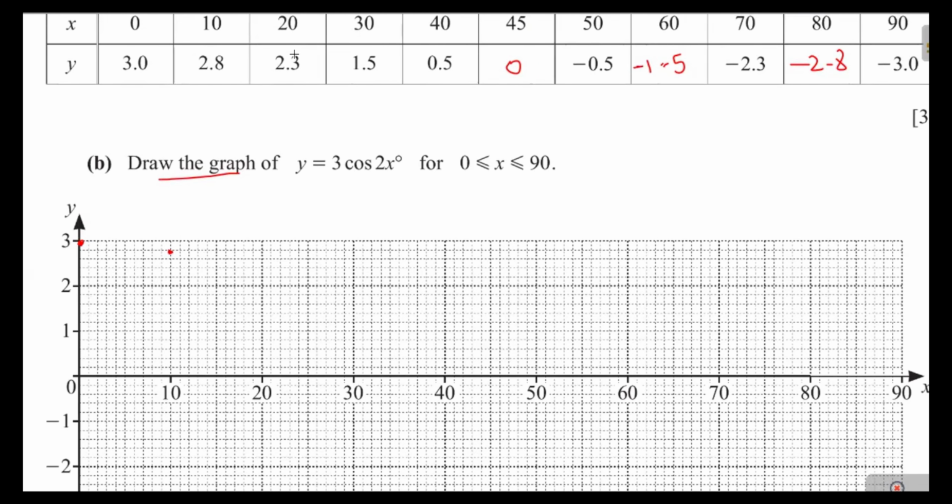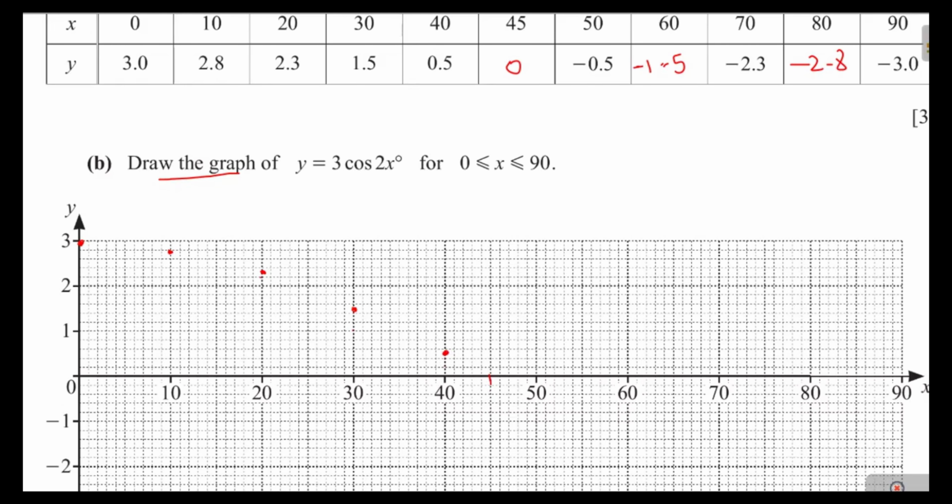Next is 20 to 2.3. 30 to 1.5, and this is 1, 1.2, 1.4 and this value is 1.5. 40 to 0.5, now this is 0.2, 0.4 and this is 0.5.